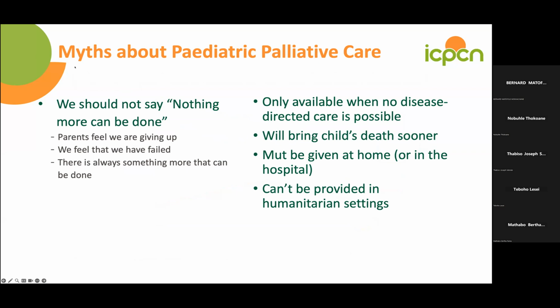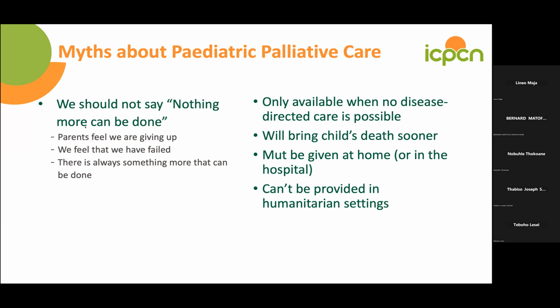And there are many myths, and again, I've mentioned some of them, but we shouldn't be saying nothing more can be done. There is always something that we can do. And it's important that the parents, that the family know that we are there with them. Again, we hear that people say palliative care is only available when no disease-directed care is possible. Sadly, in many cultures, there's a fear that if you talk about death and dying, or if you talk about providing palliative care, it will bring the child's death sooner.